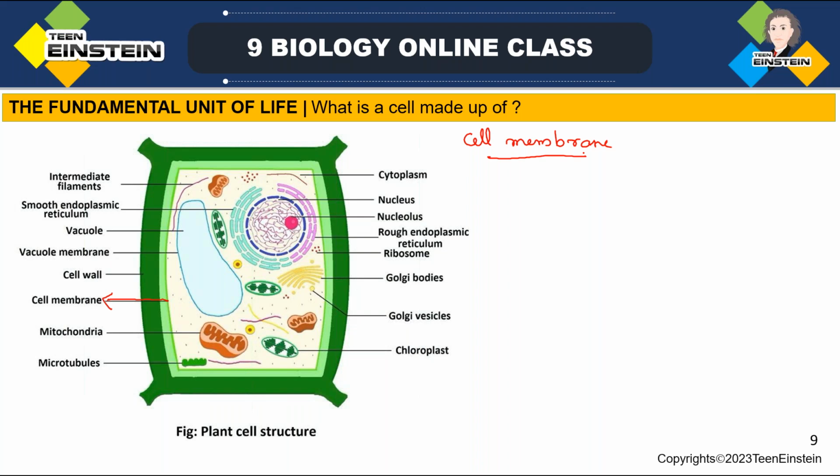So the first one is plasma membrane or cell membrane. Cell membrane is otherwise called plasma membrane. This is the first point we are learning under cell membrane. And this plasma membrane is the outermost covering of the cell.